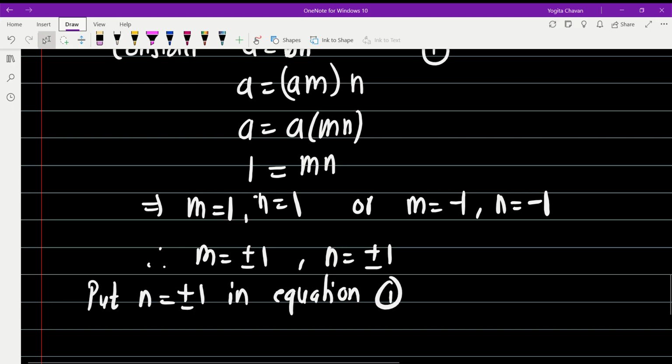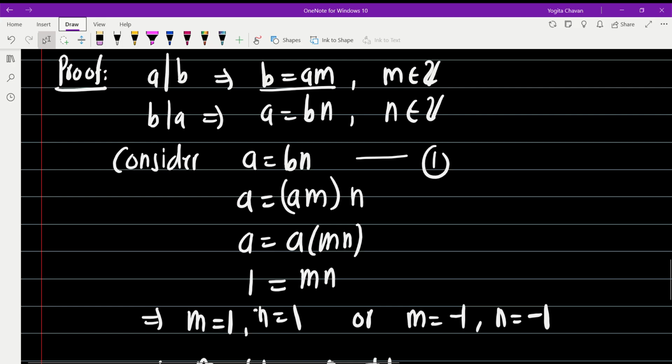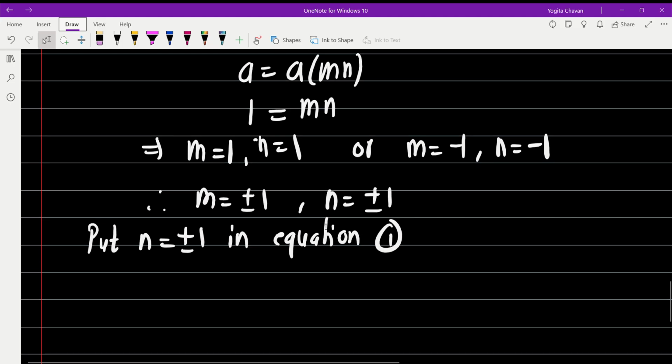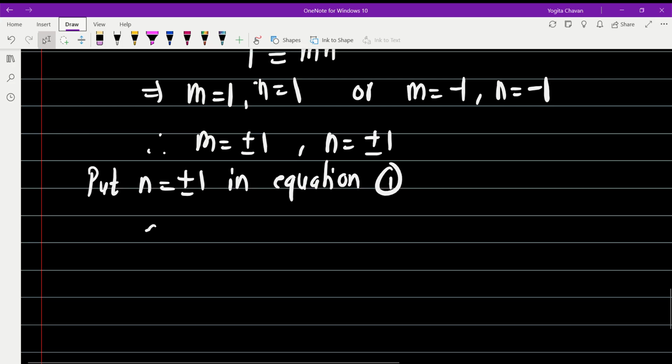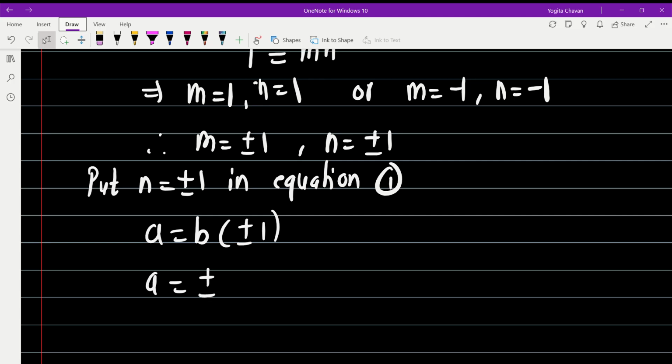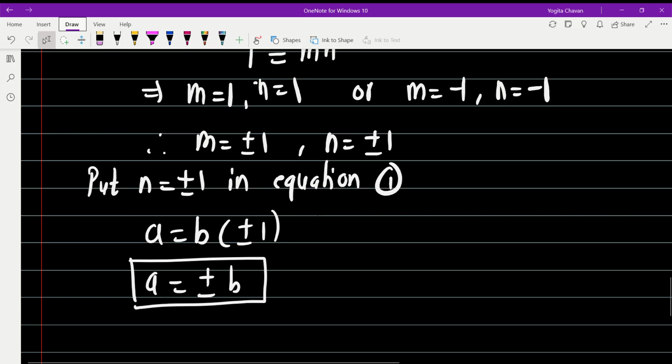Now here is equation 1. It is A equal to B into N, and value of N is plus minus 1. So A is equal to B into plus minus 1. So A is equal to plus minus B. Okay. So property number 4 done.